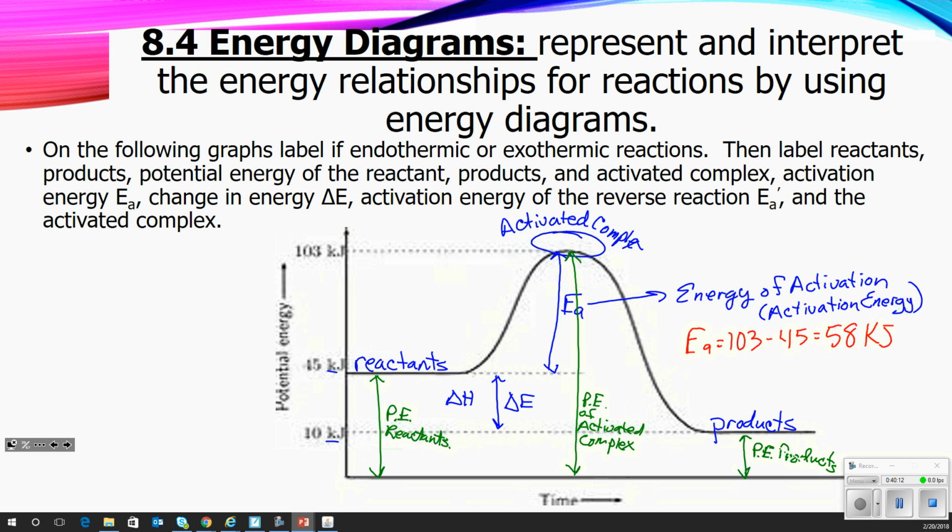What would be my delta H? To find my delta H, I would just go 45 minus 10, but it actually would be getting rid of it, so I would have a negative number, so I should probably do that in reverse. So 10 minus 45, because I've lost it, would be a minus 35 kilojoules.